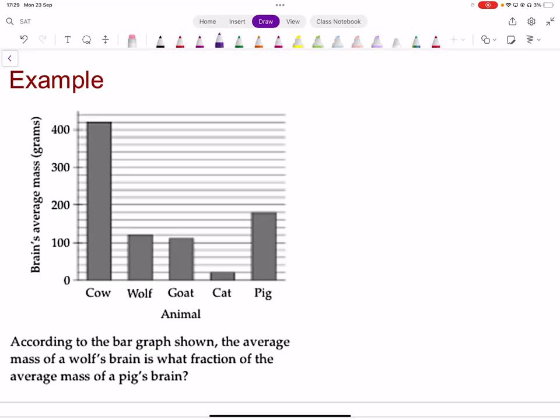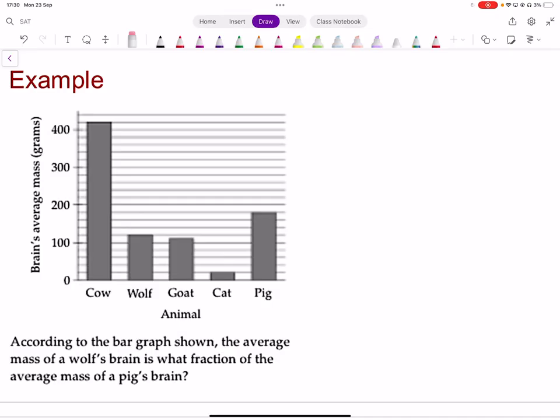According to the bar graph, the average mass of a wolf's brain is what fraction of the average mass of a pig's brain? Axes, look at them. What's the vertical axis? Brain's average mass. And here you have the different animals.